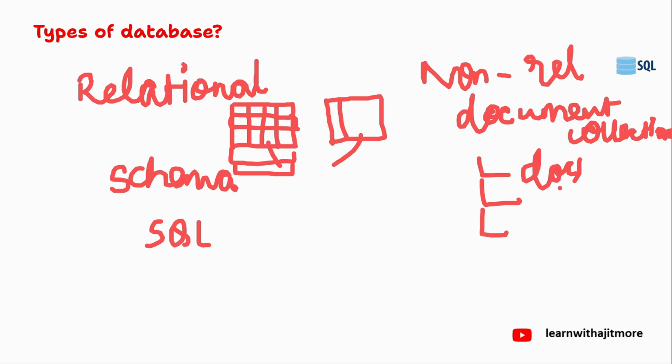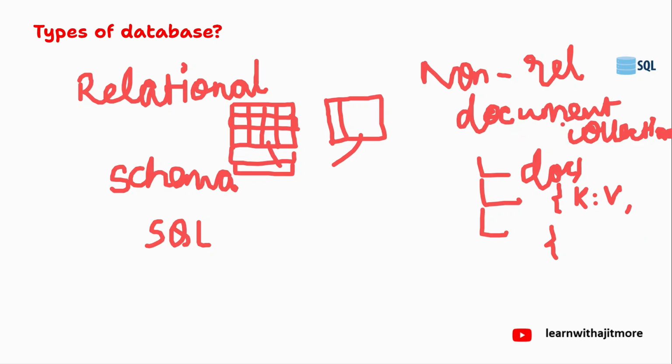Each document is just a key-value pair, key value, key value, and the key is unique. Values can be repeated. One document can contain any number of key values. The next document again has key values, but not necessarily the same keys in each document.